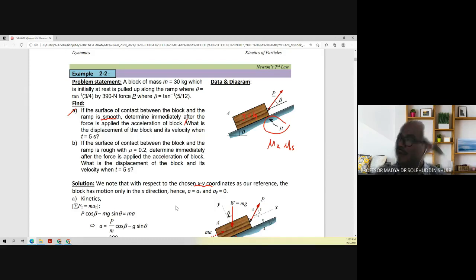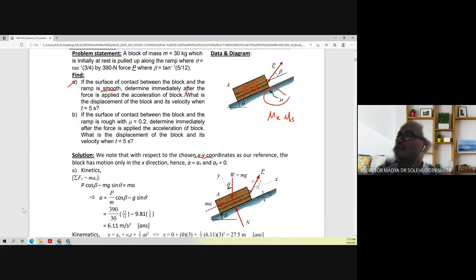You can solve this problem in the normal way, or you can choose your own reference. In this case we choose our reference like this. Look here. We take our datum from here. This is x, this is y.